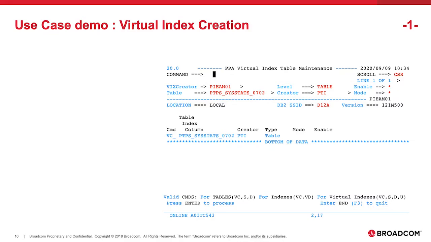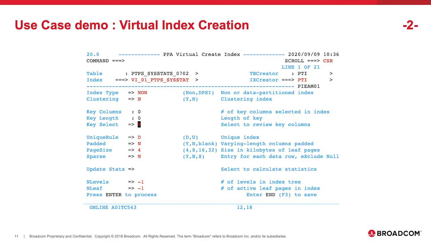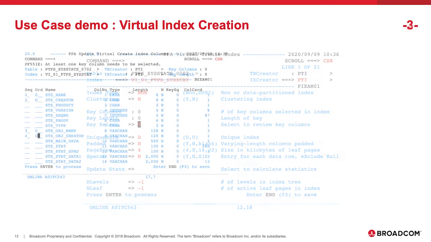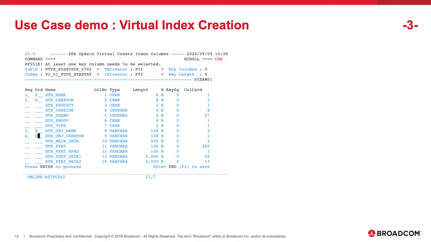I will select my good candidate columns. I can put the sequence number 1, 2, 3, 4 and how they must be ordered, ascending or descending. After that, the index has been created.